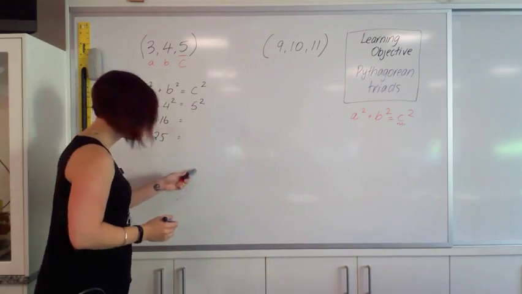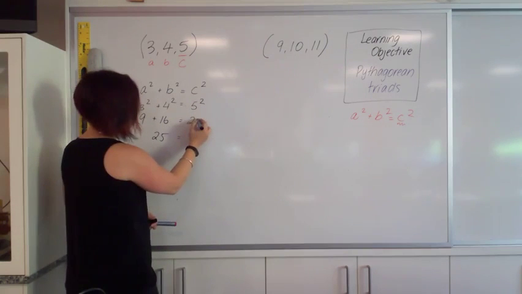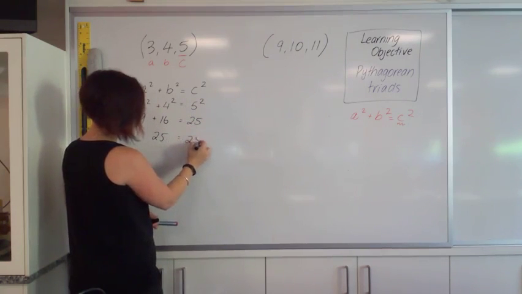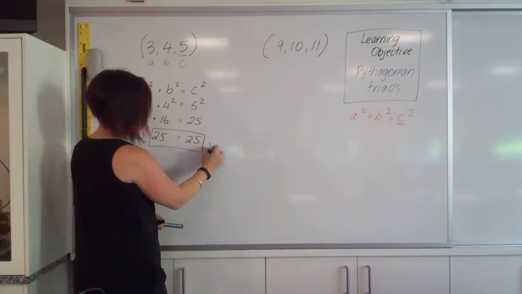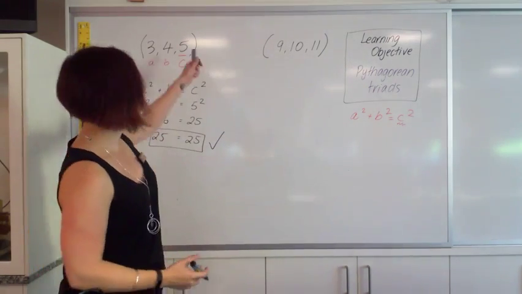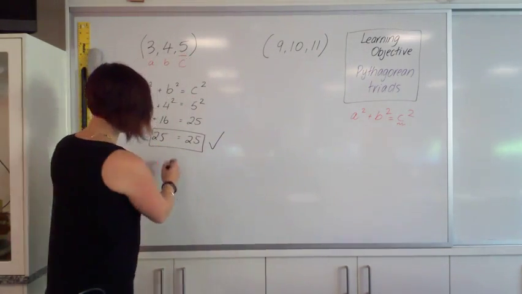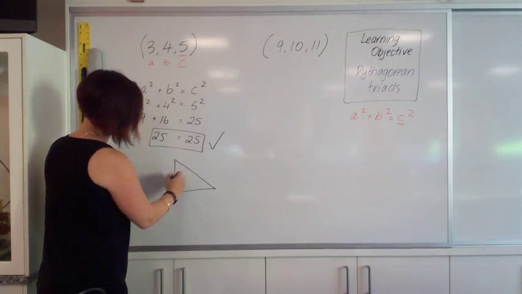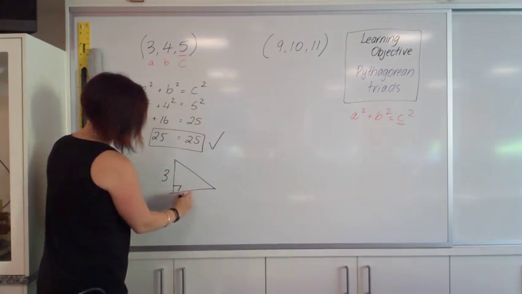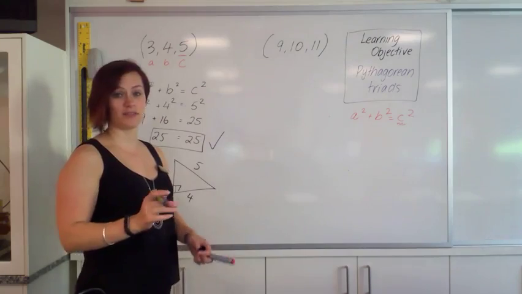Now if we go down this side, 5 times 5 is 25, and 25 is the same number as 25. So what that means is these three can make a right angle triangle, and the sides would be 3, 4, and 5. That's totally fine.